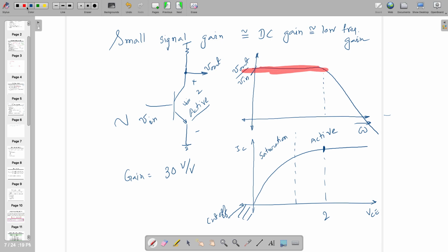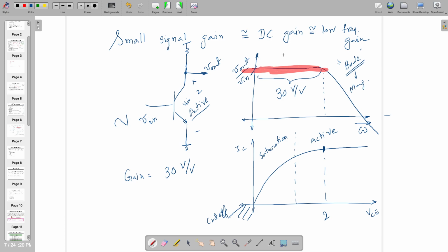That 30 volt per volt is this region, not beyond that, because that's the limitation of this circuit. You cannot go beyond this, right? Whatever plot I am drawing right now, it's also a Bode plot, but it's a magnitude plot, still it's known as Bode plot, right? We are going to learn how to do it. But do you understand this?